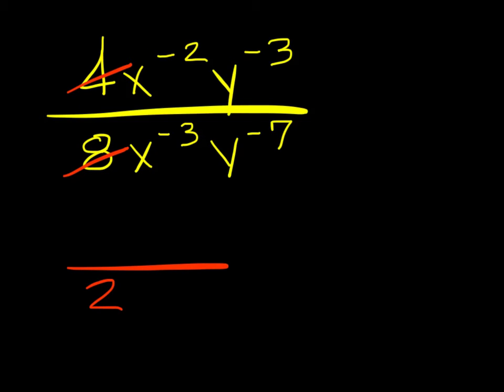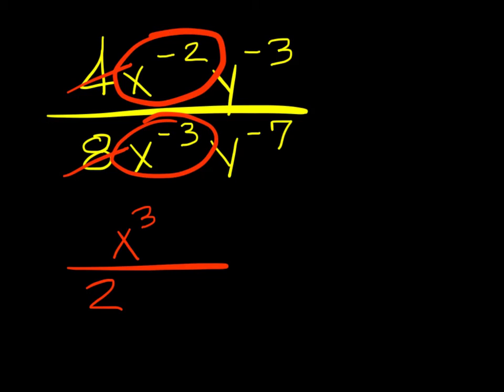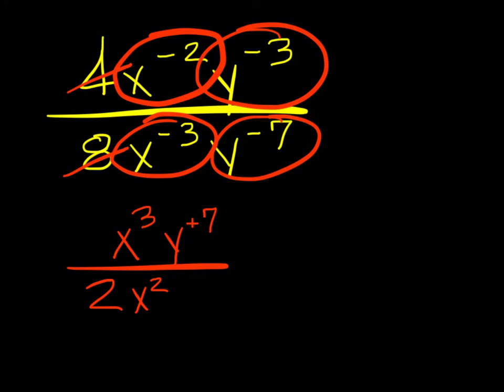So just put the 2 on the bottom. The x to the negative third will go to the top. The x to the negative second can go to the bottom. And then the y to the negative seventh goes to the top, and that becomes positive 7. And y to the negative third goes to the bottom, becomes y to the positive third.